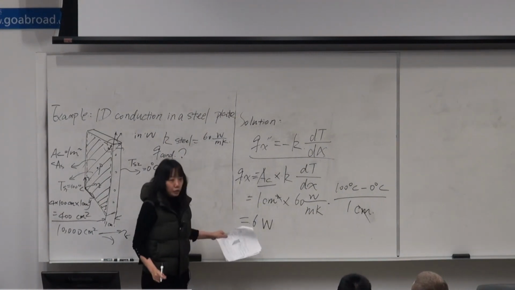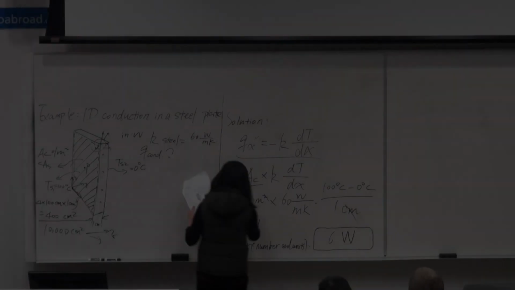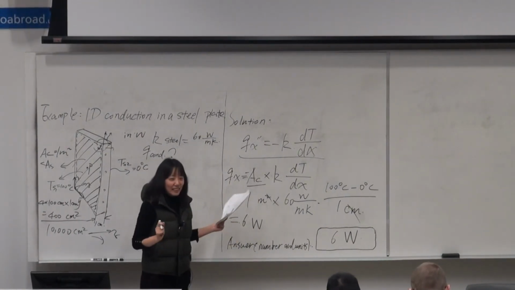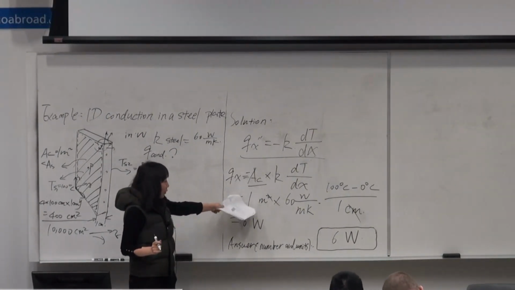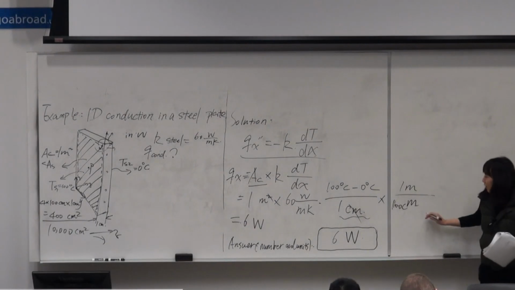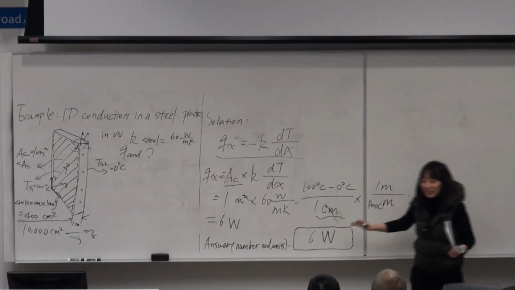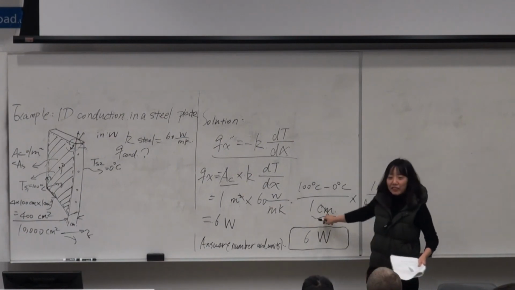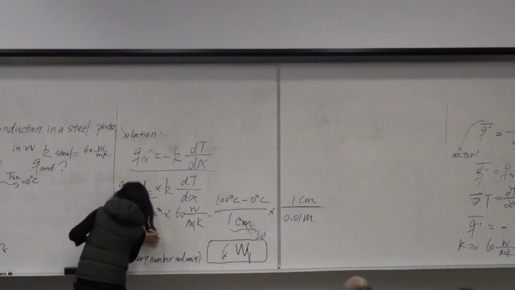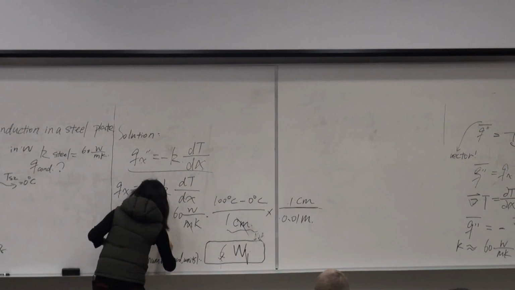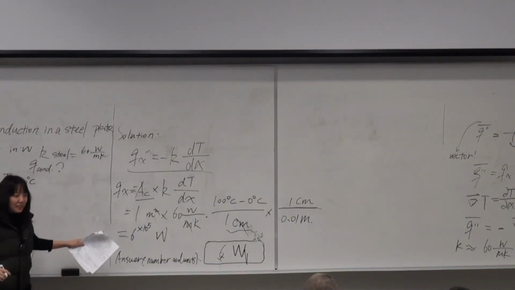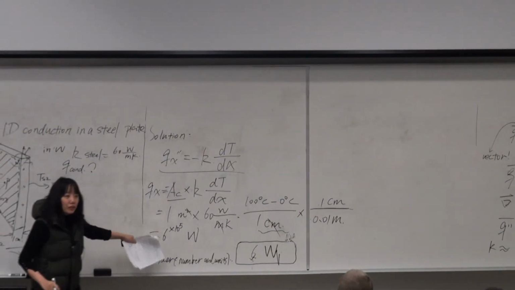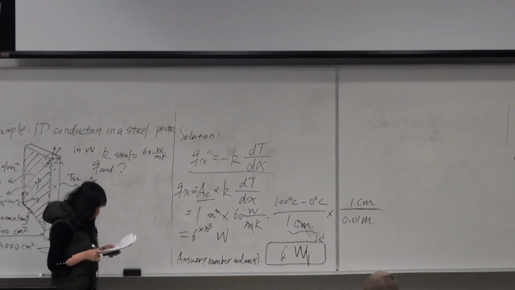Then the final result should be 6 watts. Yeah, sorry, it is 1 square meter. Do a small unit conversion here to convert centimeters into meters. I got confused around here. Sorry, the result should be 6 times 10 to the 5th watts.